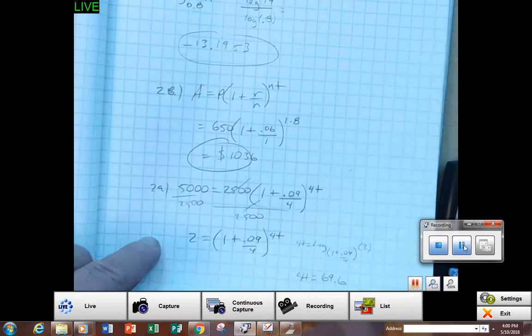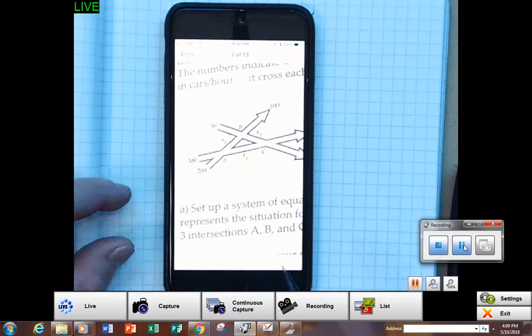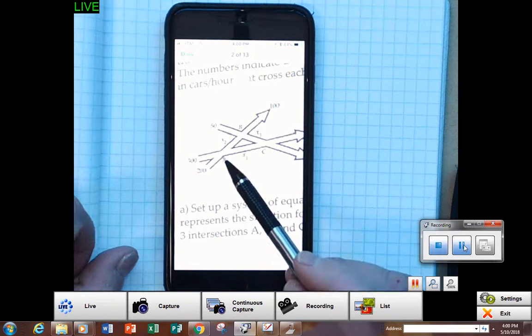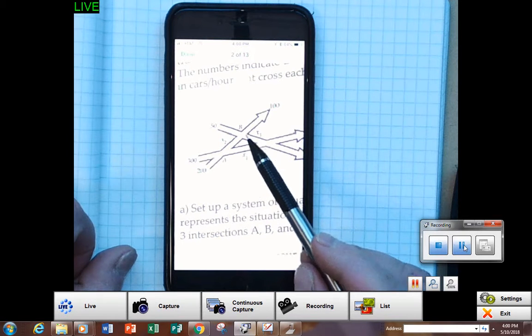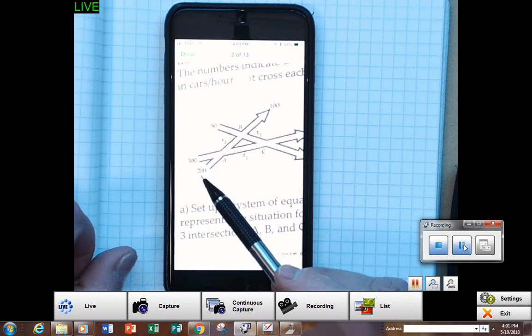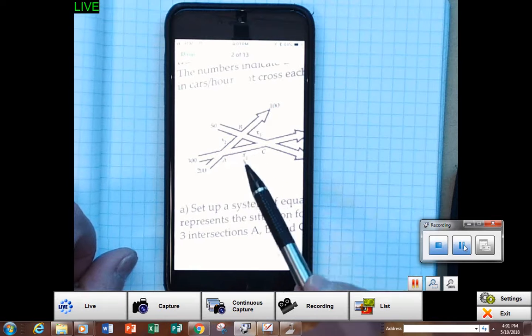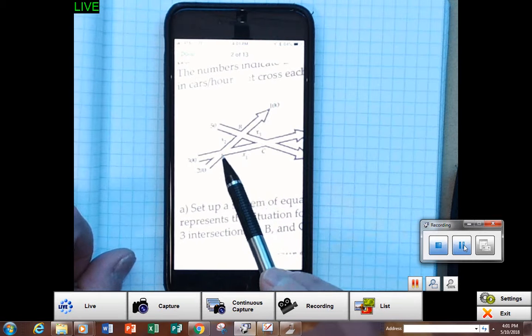Okay, I'm going to pause this to try to draw that. So I'm going to use this diagram here. If you remember, there's 3 intersections. What's coming in, this 300 and this 200, is equal to what's coming out. So this is x2 and x1 coming out.